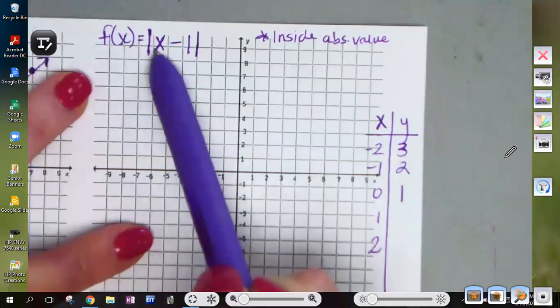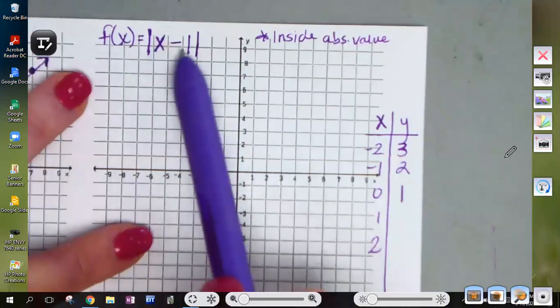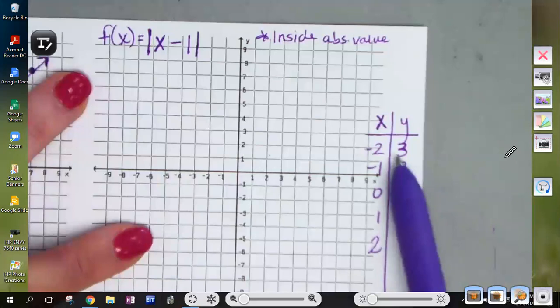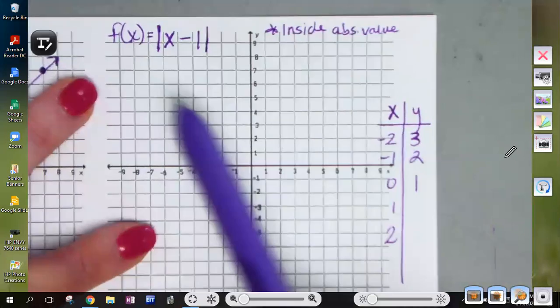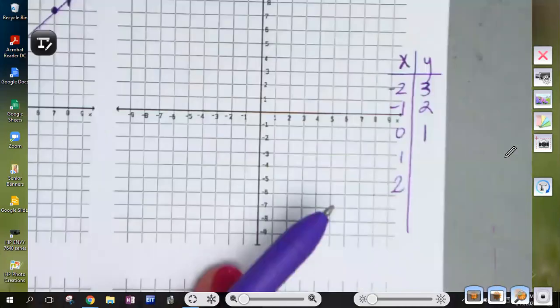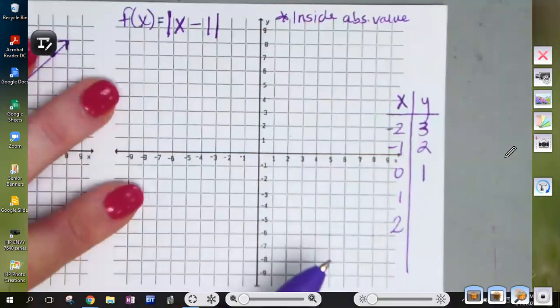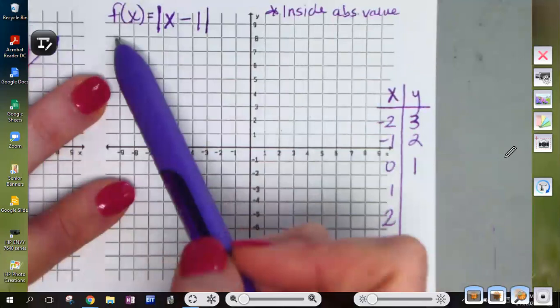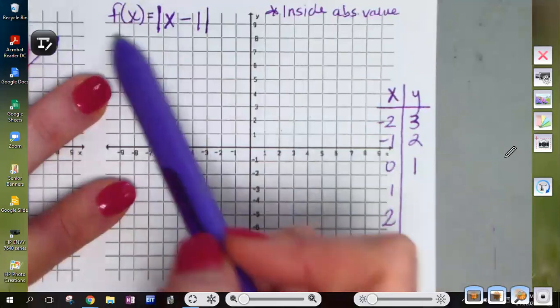That's -2 minus 1, which is -3. Then I have the absolute value of -3, so that would be +3. And that just becomes my coordinate. I just don't understand how it happens. That's what we did here too. You're just plugging it into your equation.